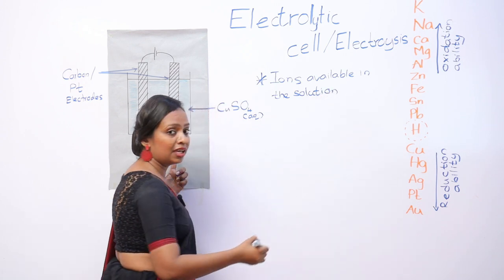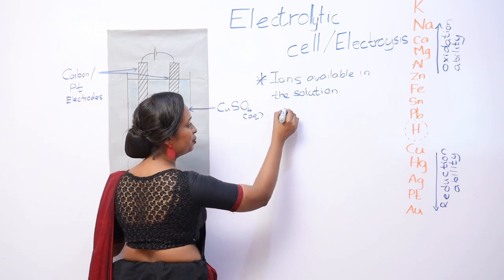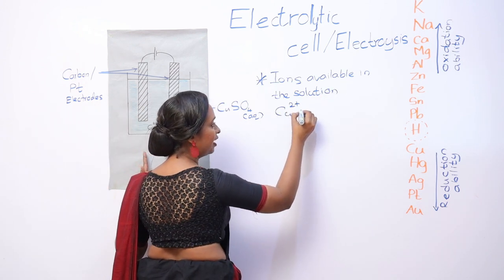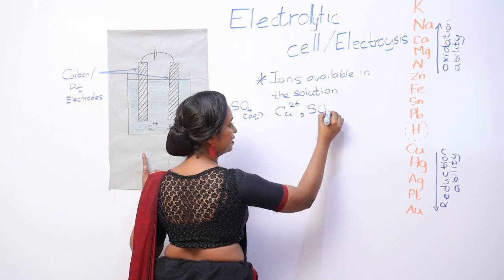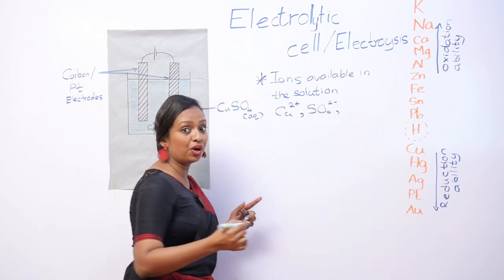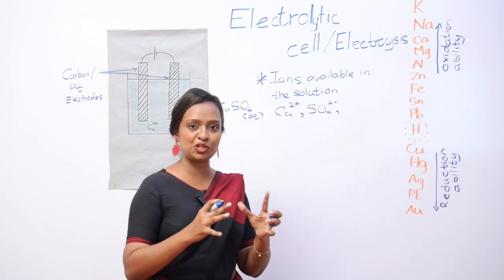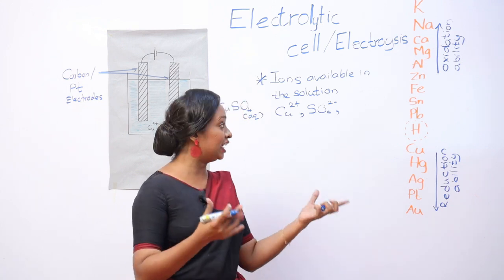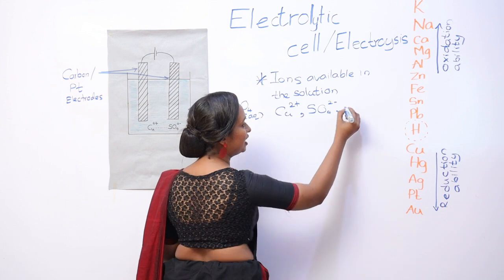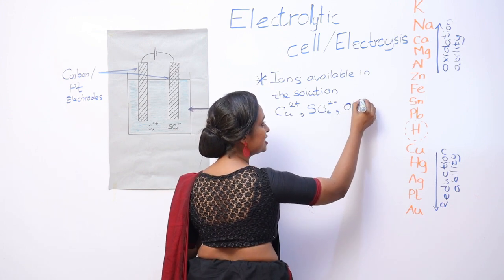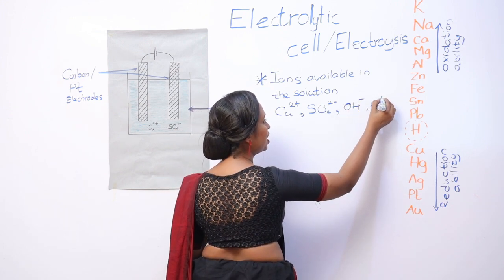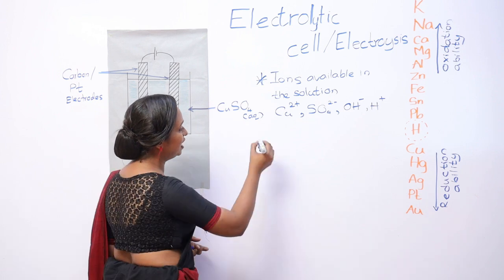Copper sulphate breaks down into a cation and an anion. And as I told you in my previous videos, when these two ions separate, even the water ionizes and breaks down into two ions. So now these are the ions available in the solution.